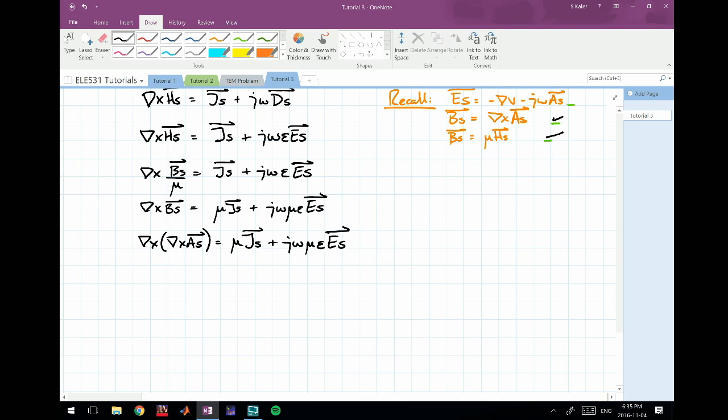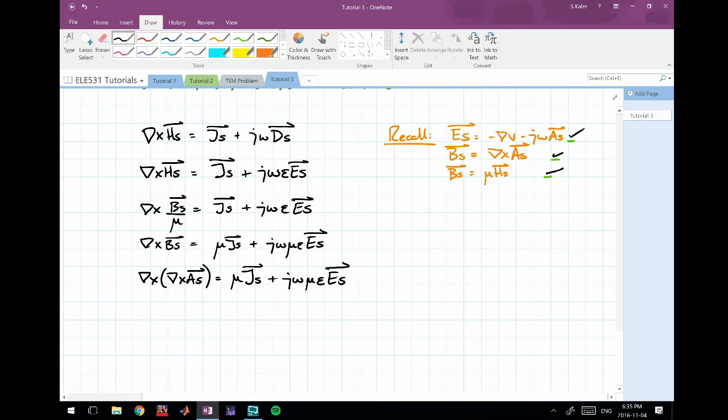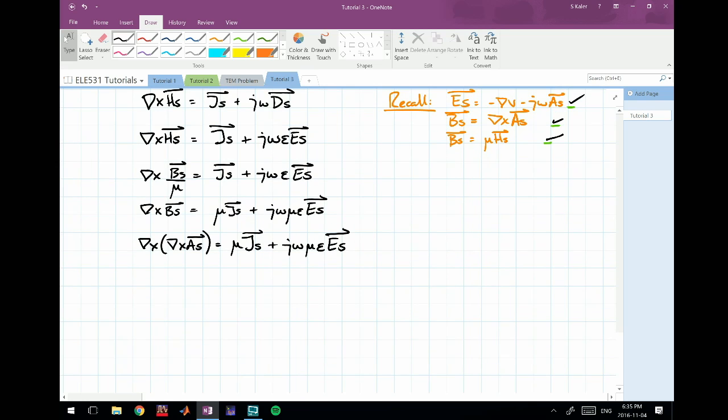Finally I'm going to plug in Es, so we get the curl of curl of As equals mu Js plus j omega mu epsilon times minus the gradient of V minus j omega As. Now I have a bunch of A's, a J, and a V. So where do we go from here?